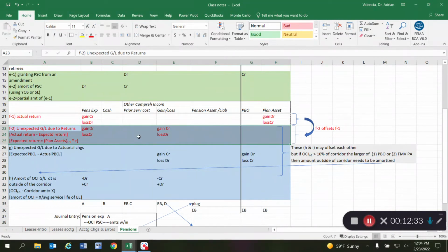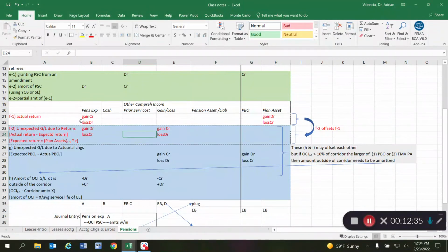Now, on the other hand, if you had some expectations on the return on the plan, right, and the expectations were different than the actual returns, then at that point we have to start taking that unexpected amount into OCI.